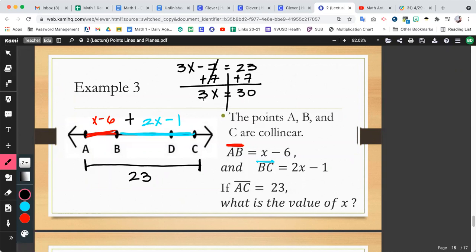This says 3 multiplied by x equals 30. How do you get rid of multiplication? Divide by 3 on both sides. And so x equals 10.